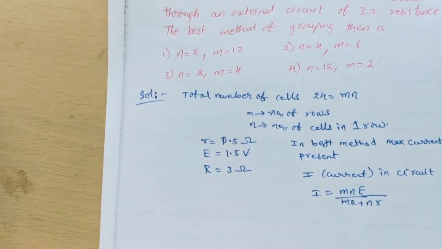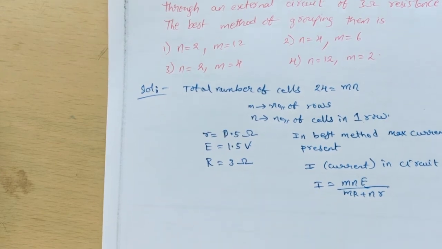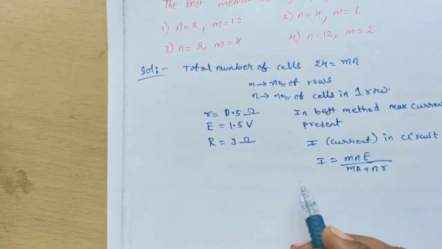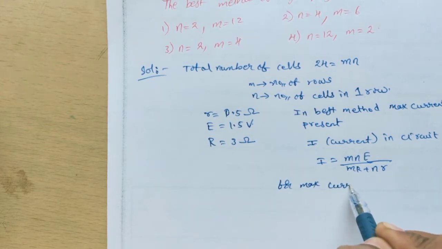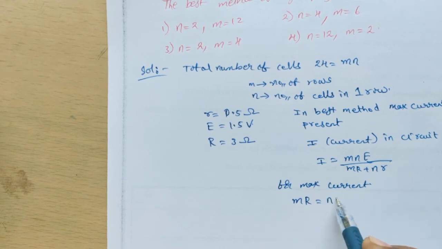So students, observe carefully here: for maximum current we have one condition, that is mR value is equal to nr. So here m we don't know, the external resistance that is capital R value is equal to 3, then small r is nothing but 0.5. 0.5 is nothing but 1 by 2 also we will represent.